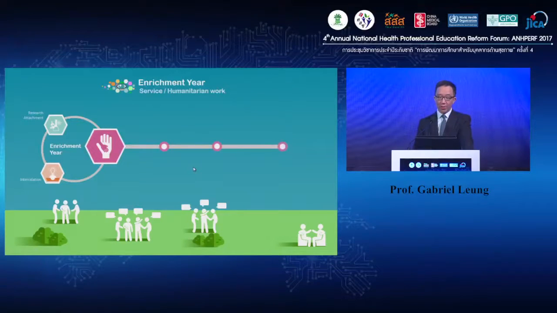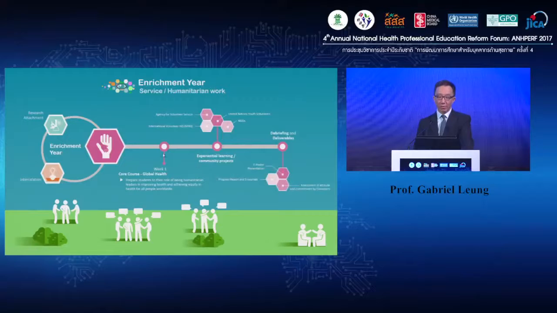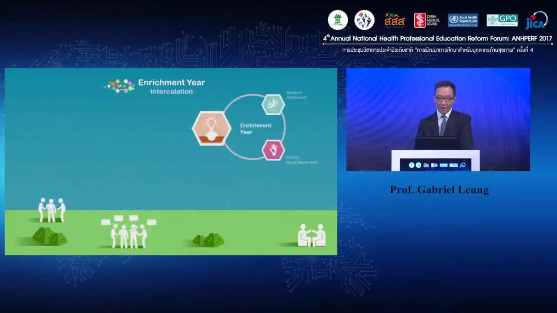And of course, we don't actually just send them out. We give them an initiating course, a core course in global health. Then they go out into the world, and then they come back and do a debriefing and deliver on some of the sharing and the posters.